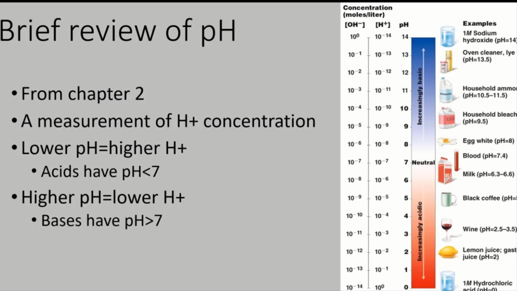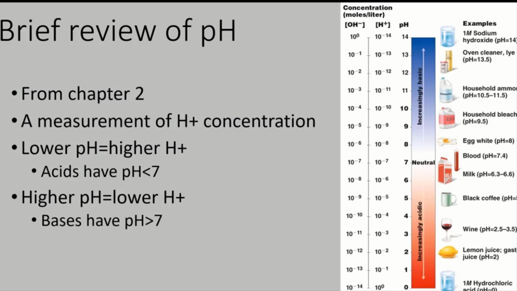And not only is it a measurement of concentration, the numbers actually tell us a little bit more. It's weird to read the chart because the lower the number, the higher the H plus concentration. The way that they get that, we won't go into. It's called a reverse logarithmic scale.